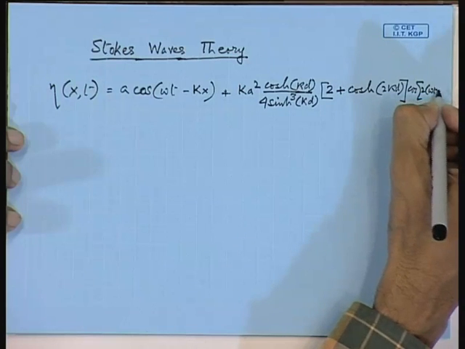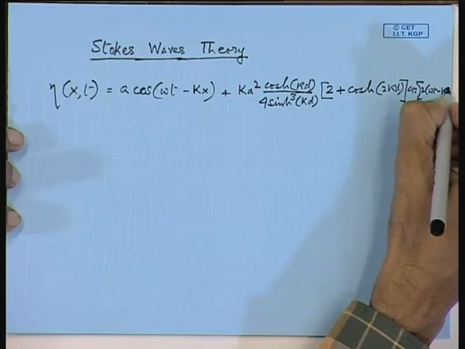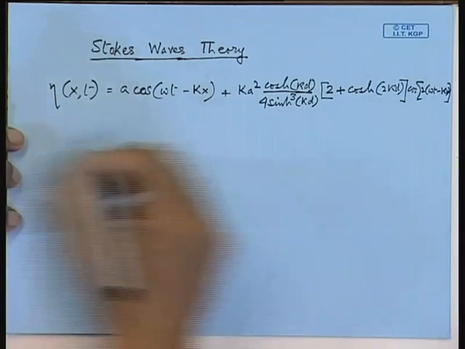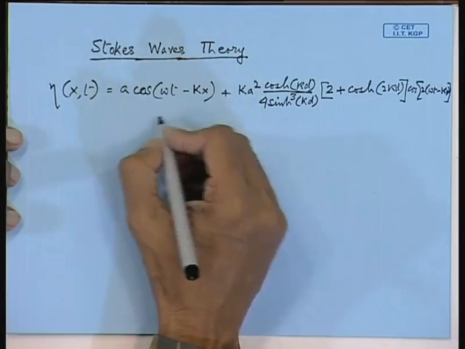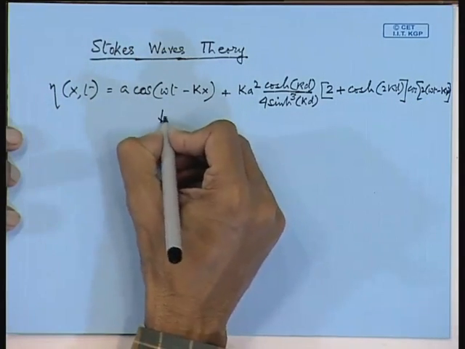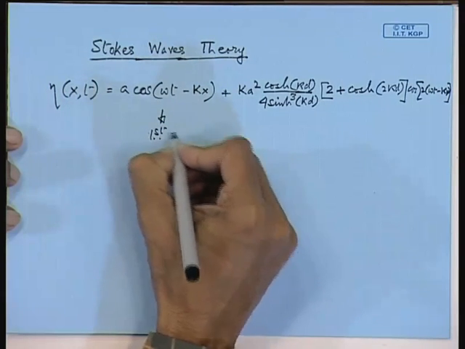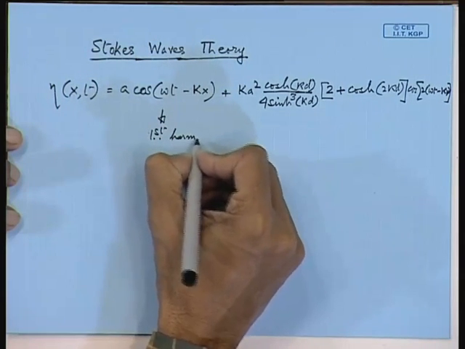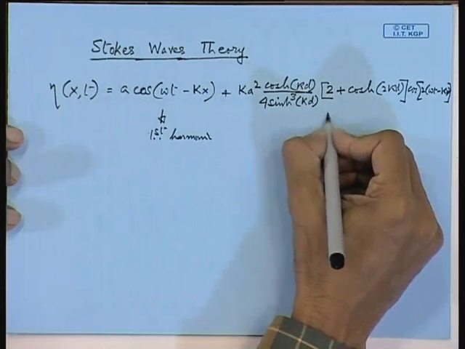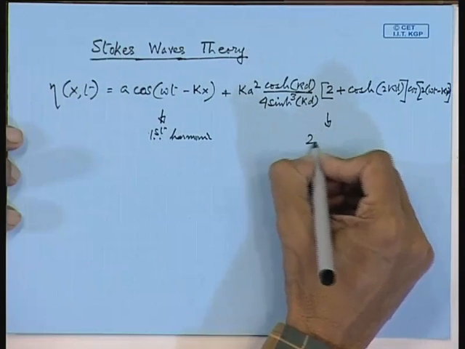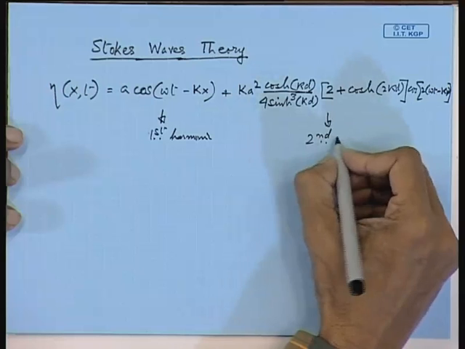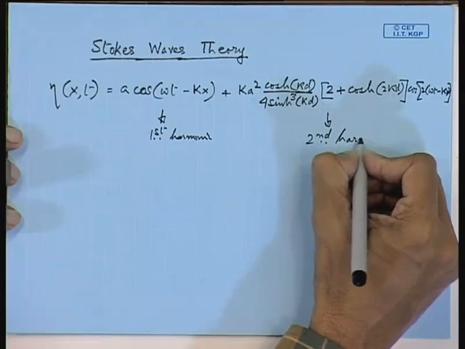Twice of omega t minus k x. So, that means your phase angle is the same. Now, here this is your first harmonic and this is your second harmonic, but you can split this up into as many harmonics as you like.